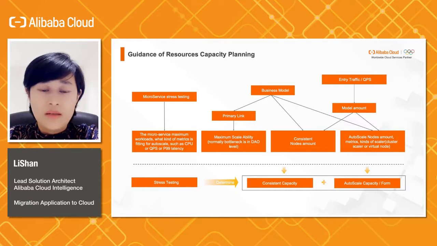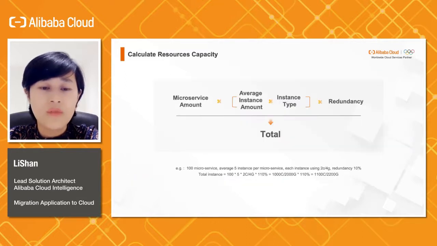And we also will know what kind of scaler is better: cluster scaler or virtual node scaler. Cluster scaler means that we'll add more nodes to the cluster. Virtual node means scaling pods running on ECI, Elastic Container Instance.